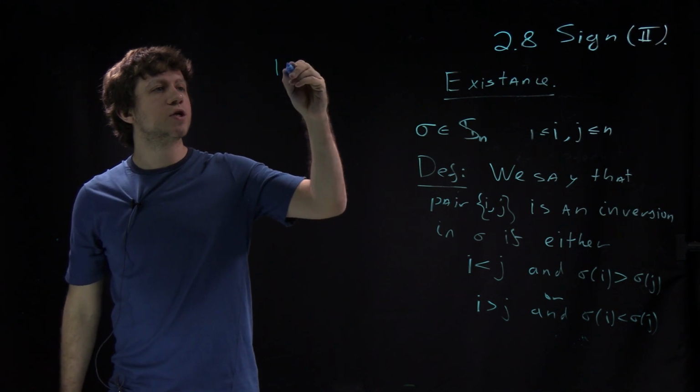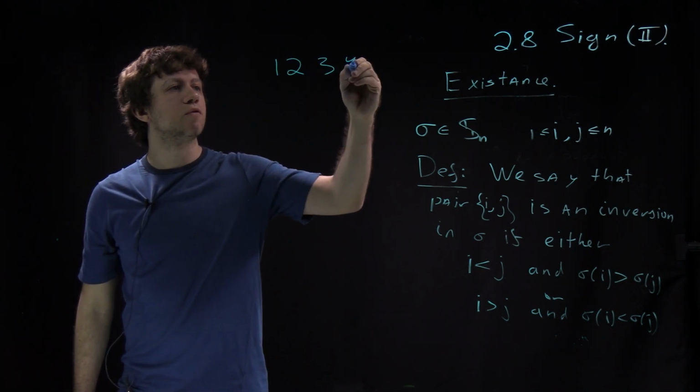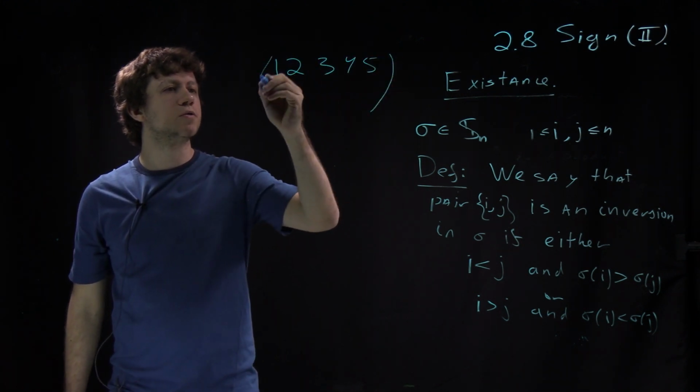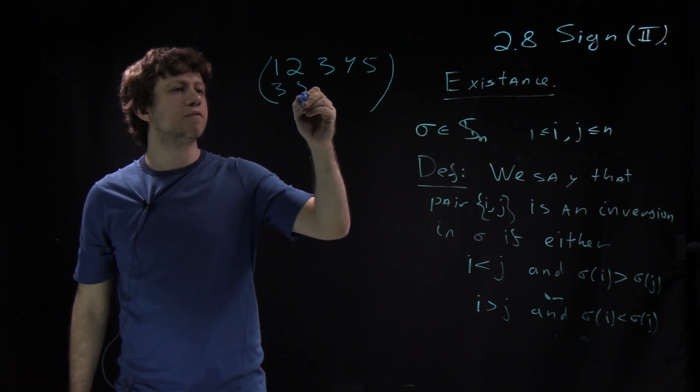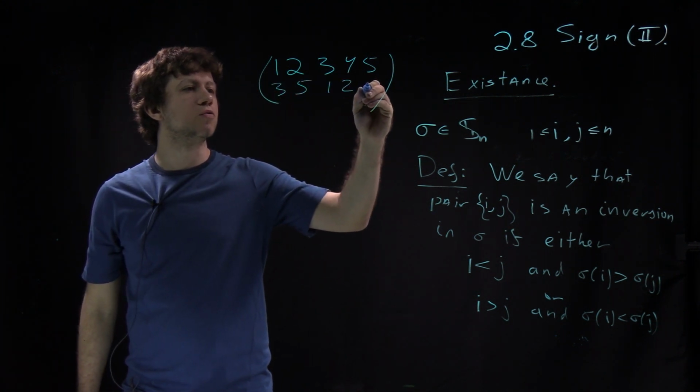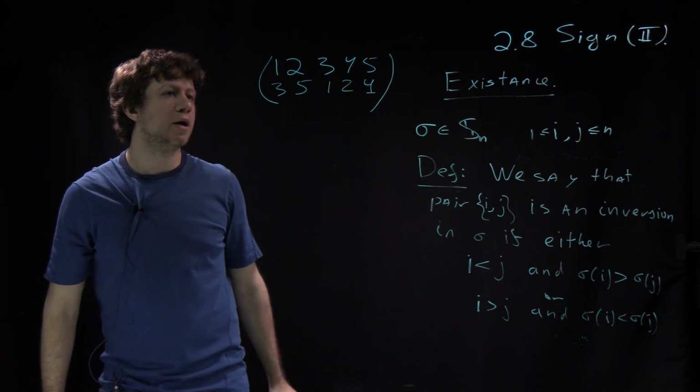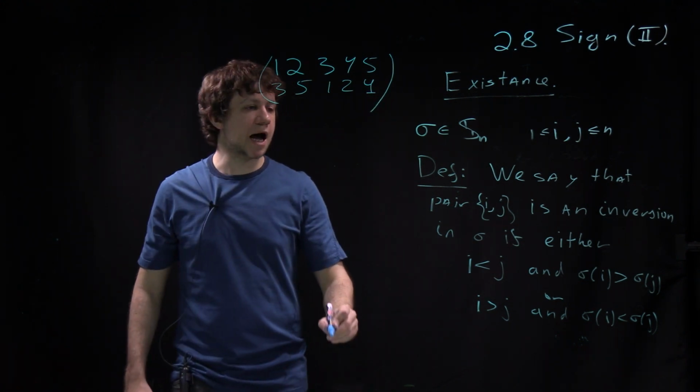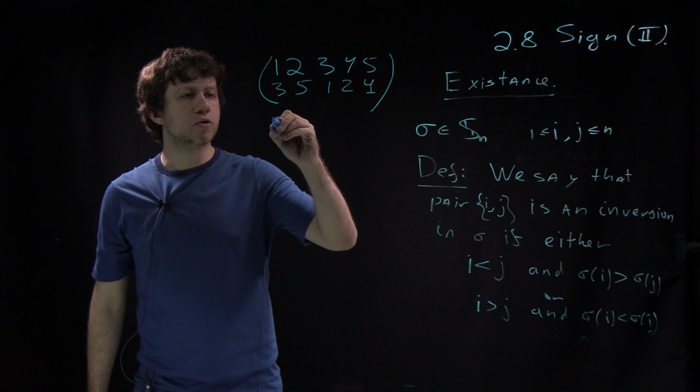So let's do some examples. You can take a permutation 1, 2, 3, 4, 5, going to maybe 3, 5, 1, 2, 4. And then for each pair, you can think what happens. So let's just write down all inversions.